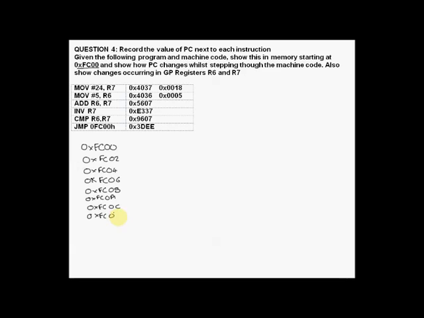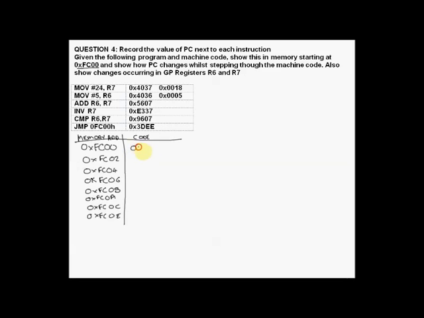And now we have to write where what instructions are stored here. So we'll put here the memory address and our code.